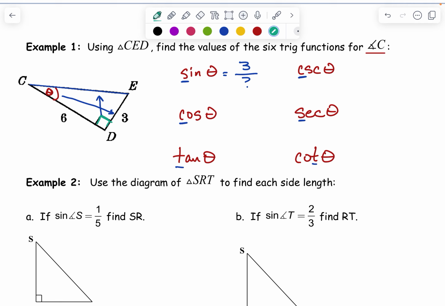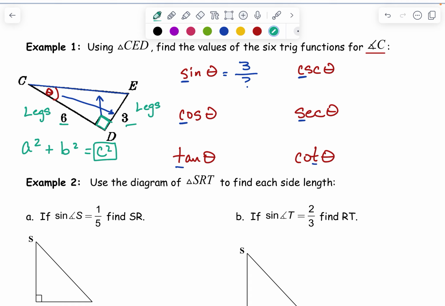This is a right triangle, and we can find missing sides of right triangles using the Pythagorean theorem. So in this case, C is my hypotenuse. A and B are what we call the legs of my triangle.